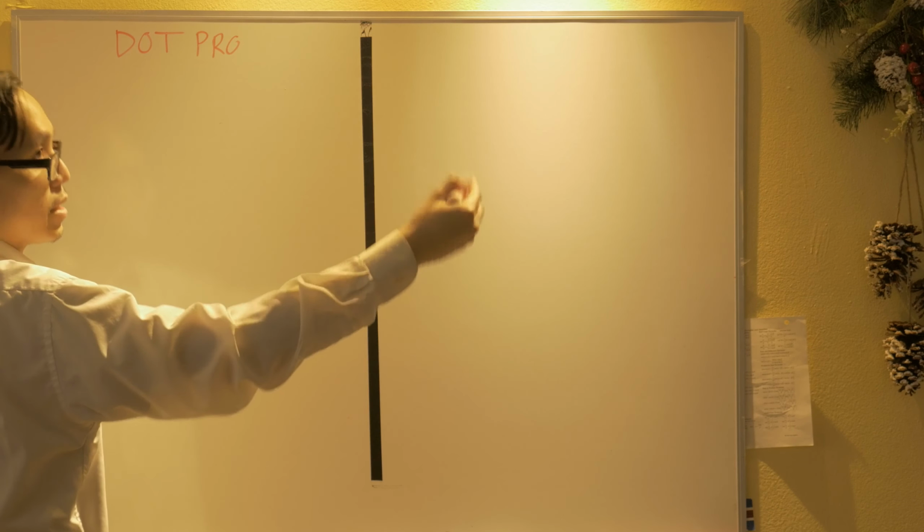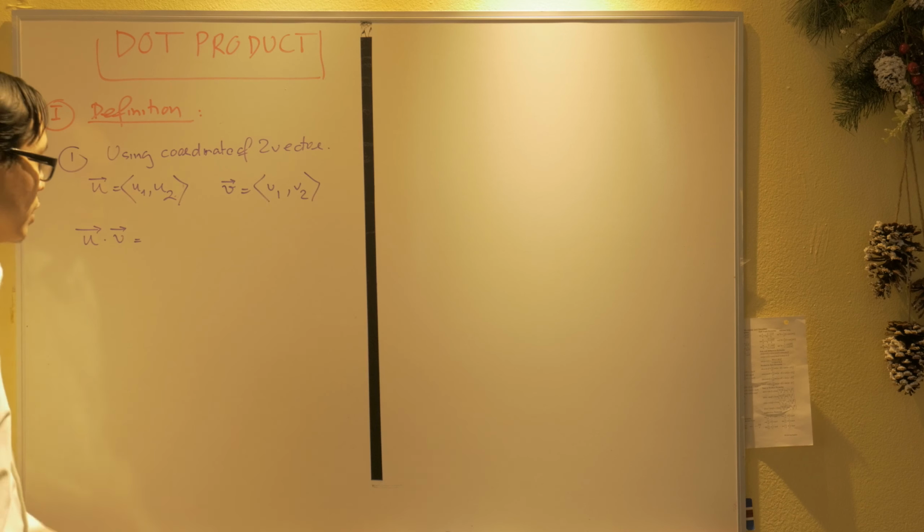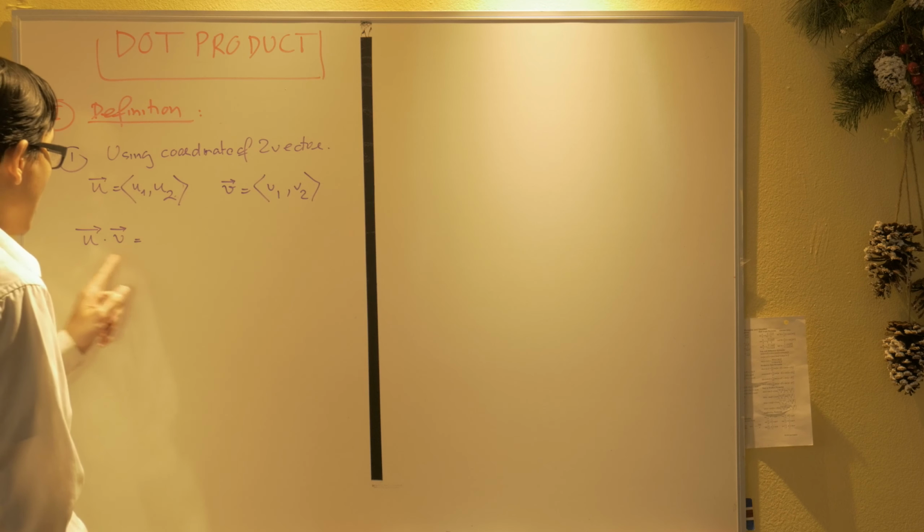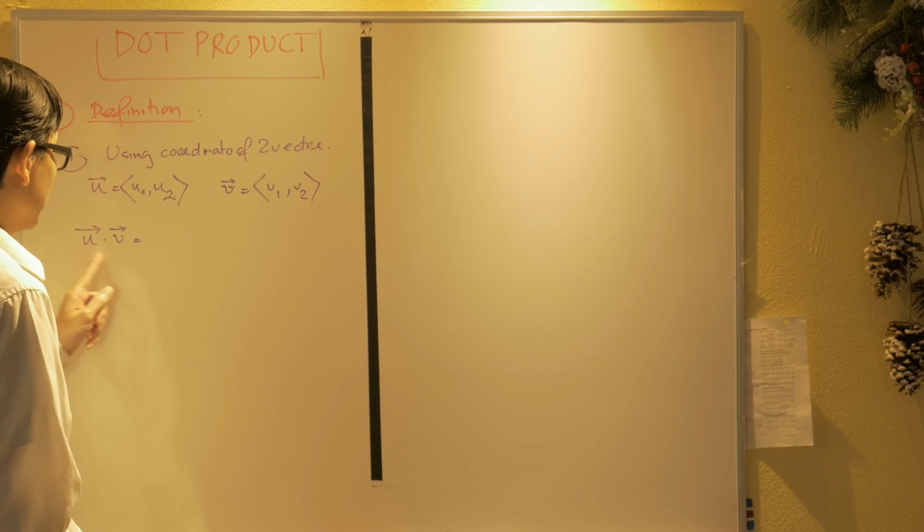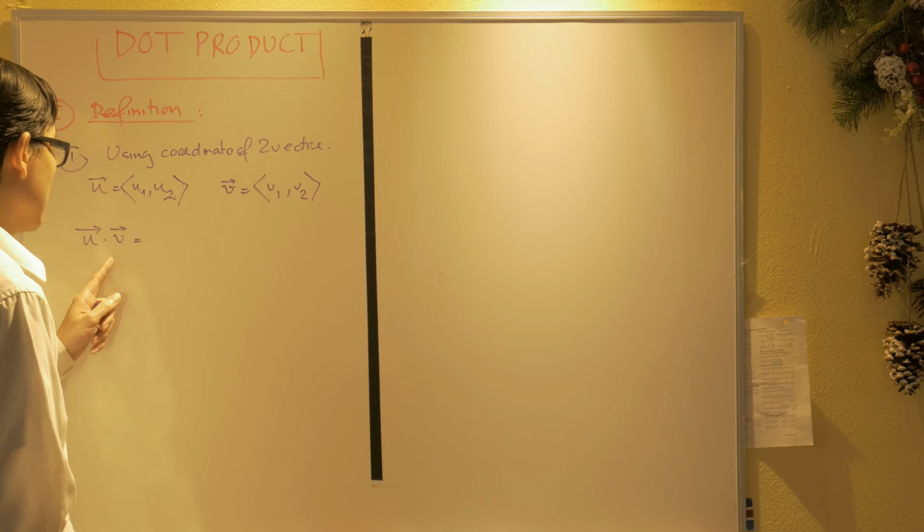And when you multiply two vectors, the answer is a number. It's not a vector anymore. So when you take the dot product of two vectors, it gives you a scalar quantity. Remember that. So how do we do that?